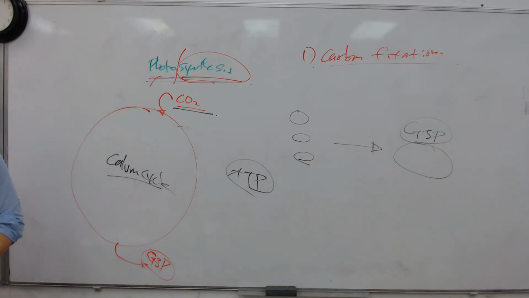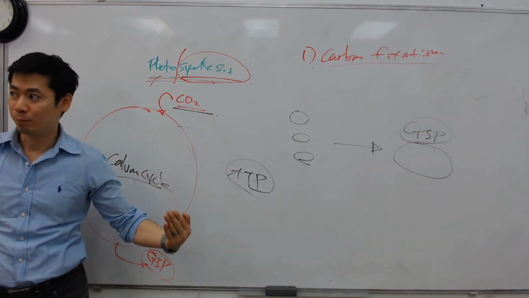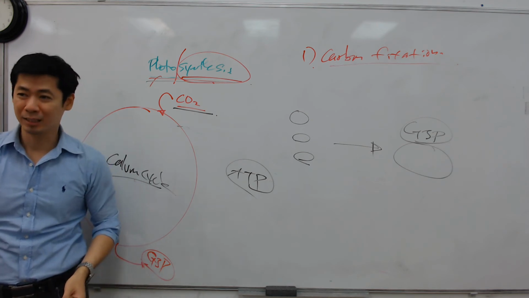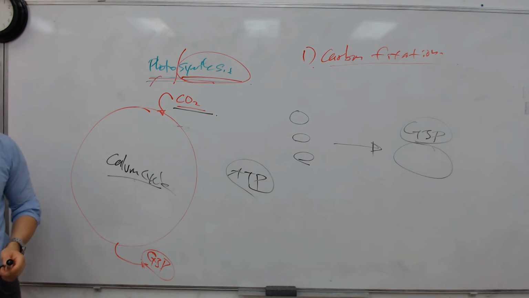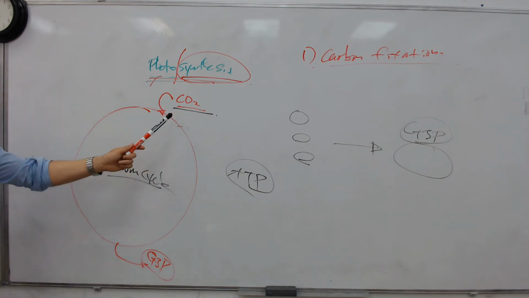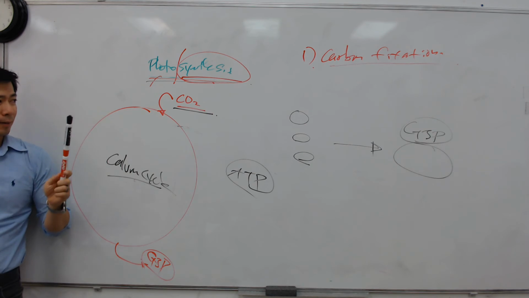You gotta understand, guys, CO2 is not a really abundant gas molecule. People say carbon dioxide is global warming and stuff like that. CO2 is what we call the greenhouse gas.